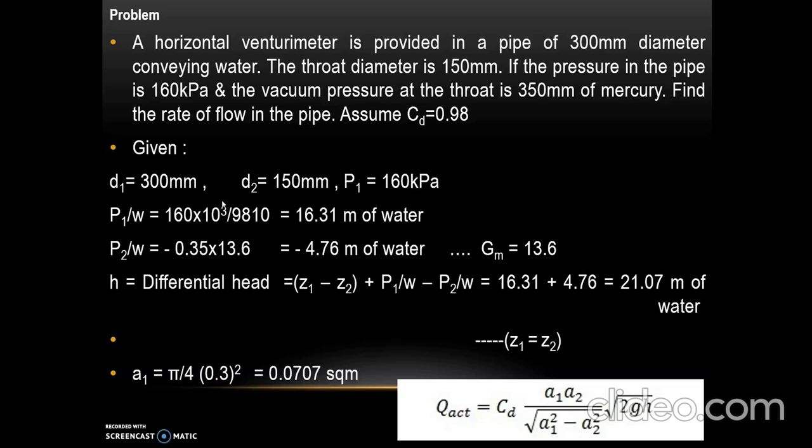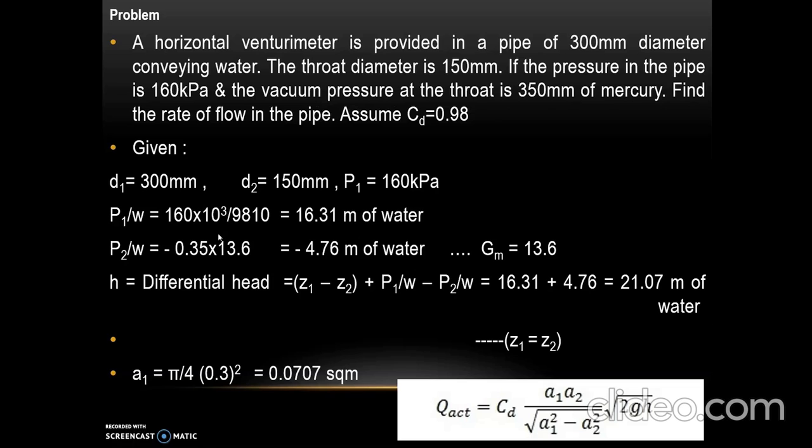Since both P1 and W are in Newton, we get the value of P1 by W as 16.31 meter of water. And similarly, P2 by W is equal to, here it is mentioned that vacuum pressure at the throat is 350 mm of mercury.